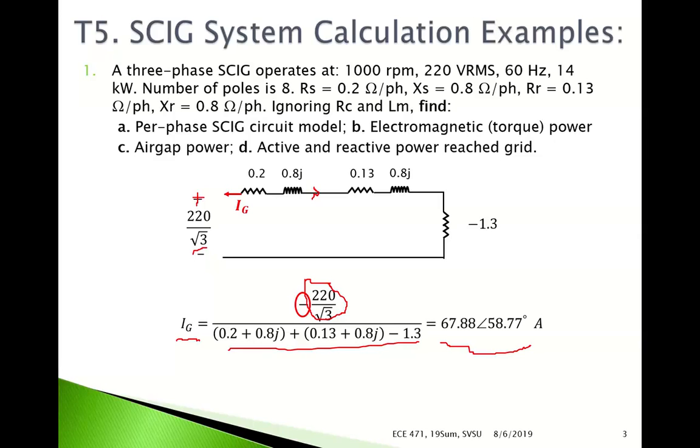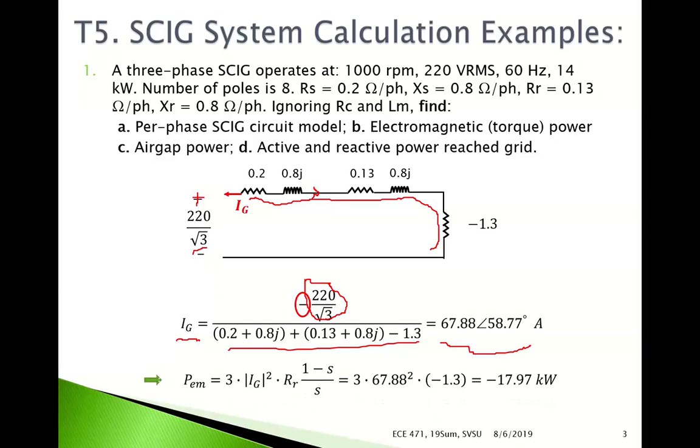Based on which we go ahead to find the power we need. To find the power, the key is to be clear which components among these five are contributing to which power we are looking for. For example, the first power we're looking for in this problem is the electromagnetic power. We know very well, first of all, this power is contributed by this component only. So we just use the formula: 3 times the magnitude of the current squared times the impedance of this component.